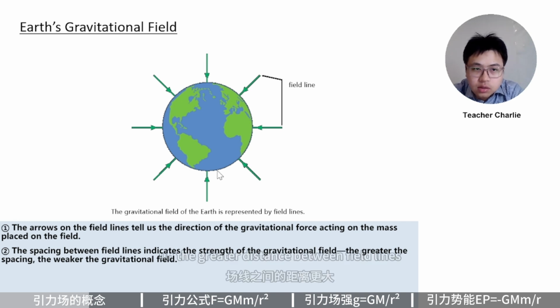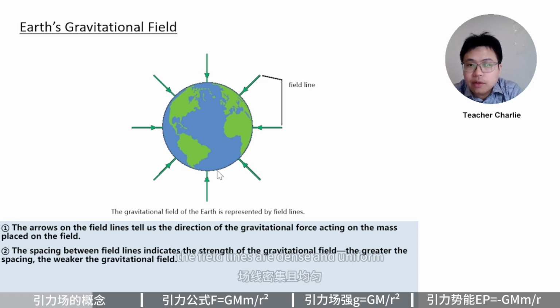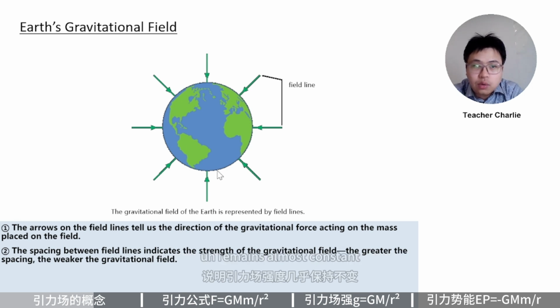The greater the distance between field lines, the weaker the gravitational field. Near the Earth's surface, the field lines are dense and uniform, indicating that the gravitational field strength remains almost constant.